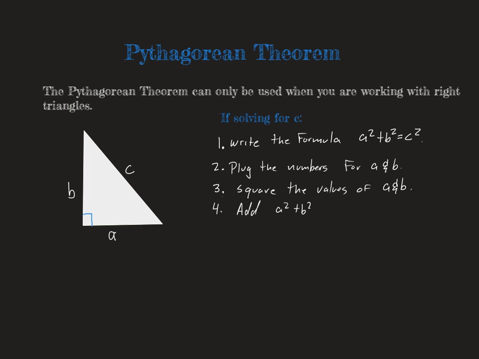And then once you have that, you're going to find the square root from both sides. Keep in mind that this is only whenever you're solving for C. So in the previous example, let's use that information. So we wrote the formula.